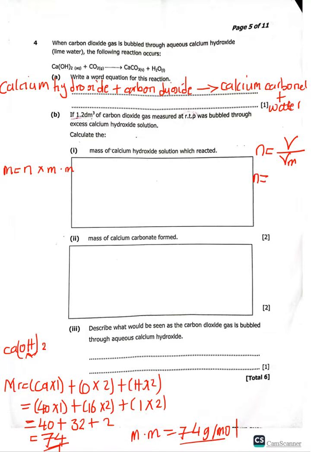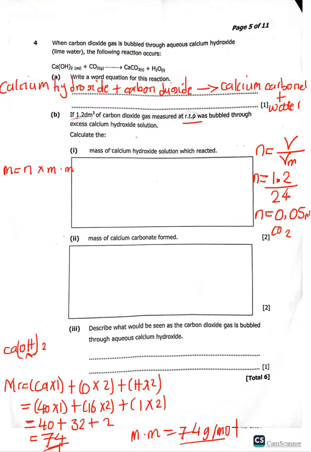The volume is given, 1.2, divided by molar volume, which depends on the condition, so you have been given RTP. RTP is 24. So 1.2 divided by 24, we're going to get 0.05. So 0.05 is the number of moles for carbon dioxide.